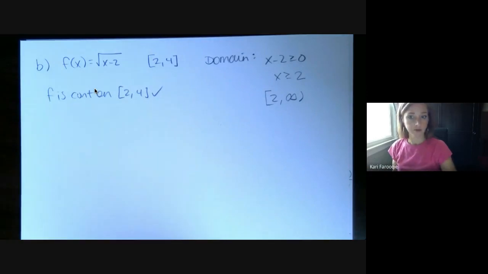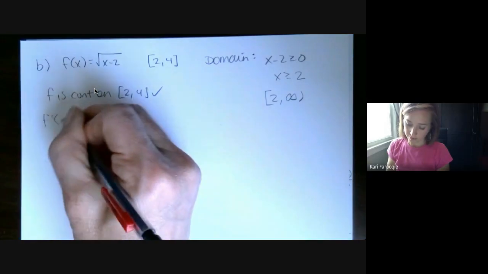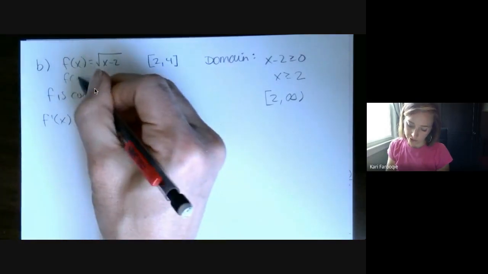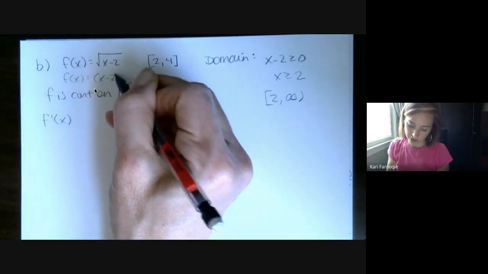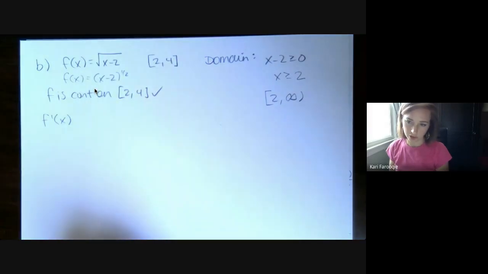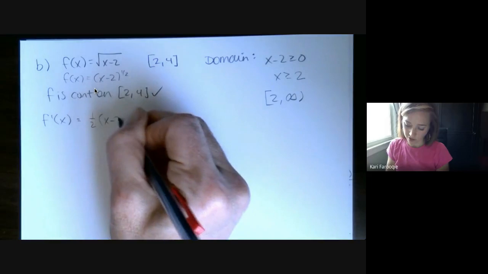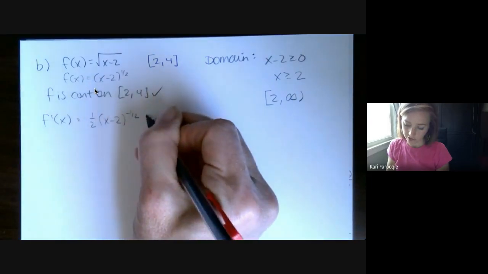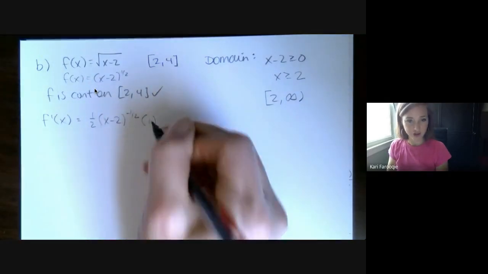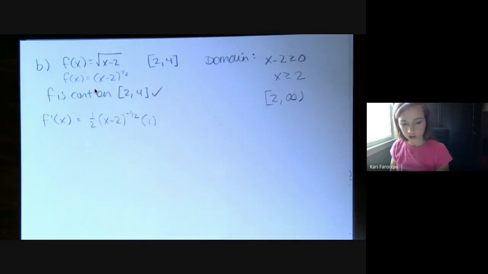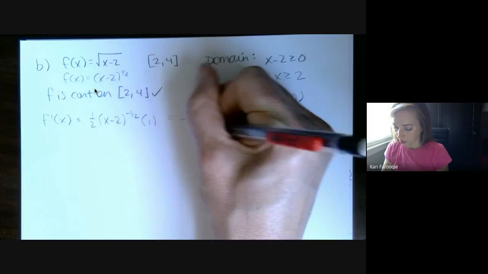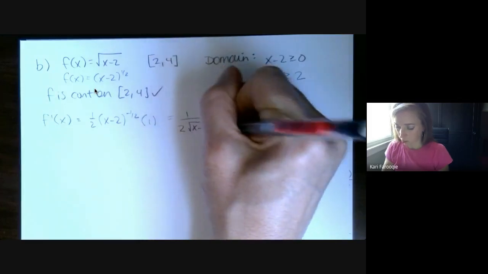F prime, well, remember that we can rewrite f as the quantity x minus 2 to the 1/2 power. So f prime is going to be 1/2 times x minus 2 to the negative half times the derivative of the inside function. I know it's just 1, but I like to show it with the chain rule because I don't want you guys to forget that it exists. You'll get 1 over twice the square root of x minus 2.